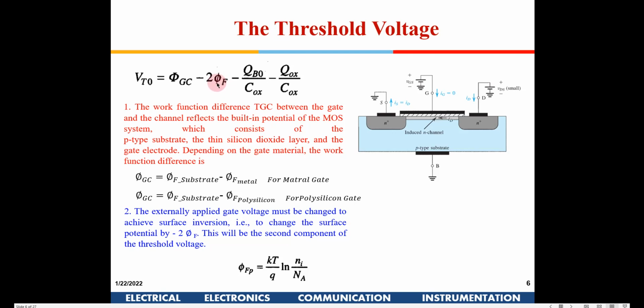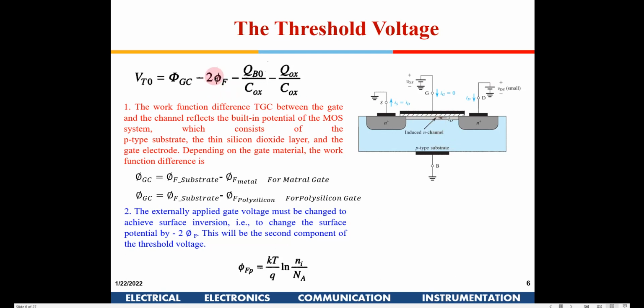Now the second term is minus 2 phi f. Minus 2 phi f is the work required to invert this channel. It is actually P type, and we have defined threshold voltage to make it N type. So it is the amount of work, the voltage required to pull the electrons and push the holes.